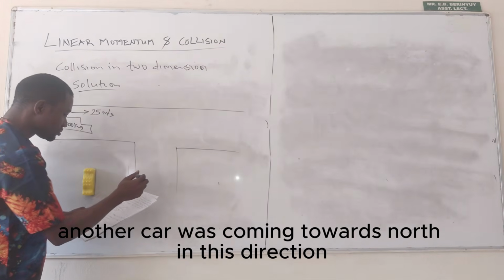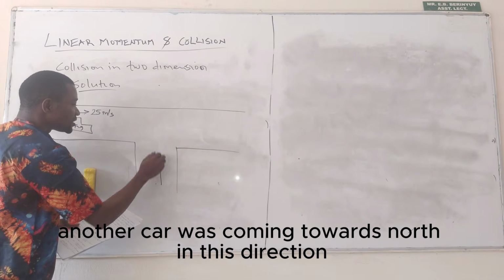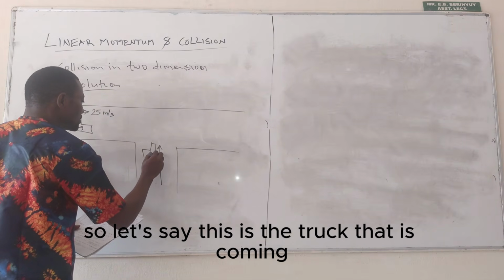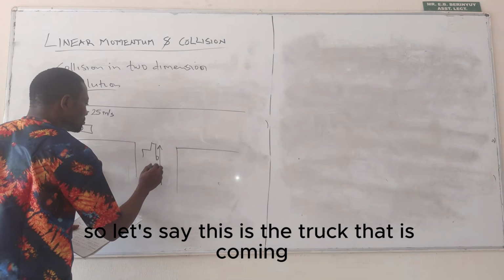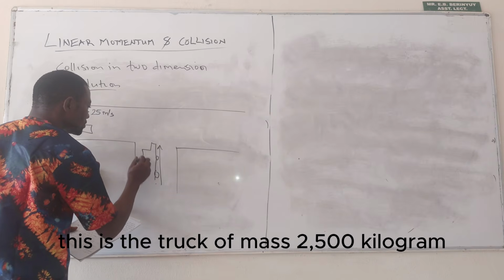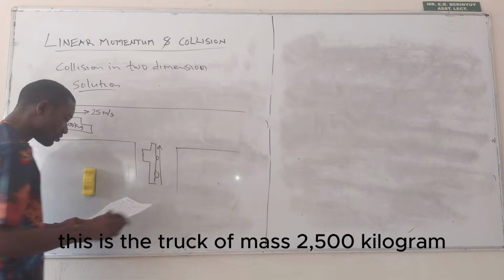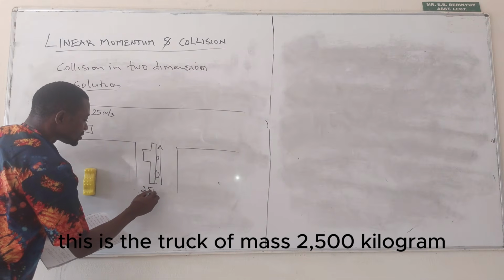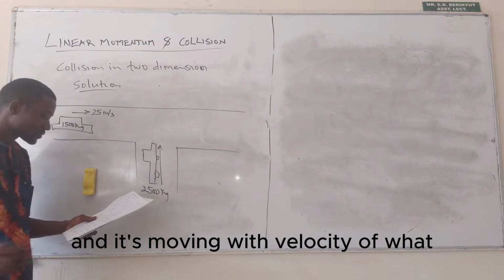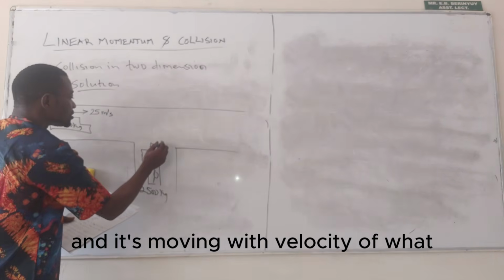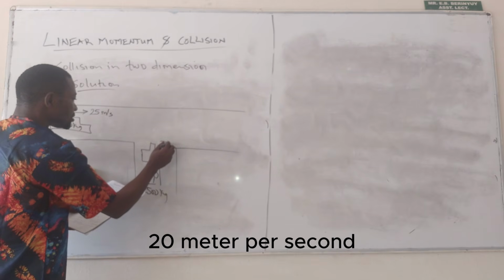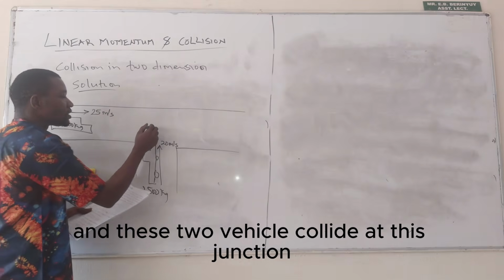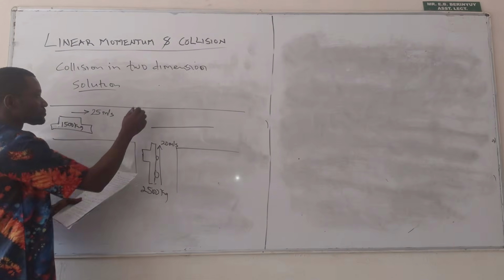Another vehicle was coming towards north in this direction, a truck for that matter. So let's say this is the truck that is coming. This is the truck of mass 2,500 kilogram, and it's moving with a velocity of 20 meters per second. These two vehicles collide at this junction.